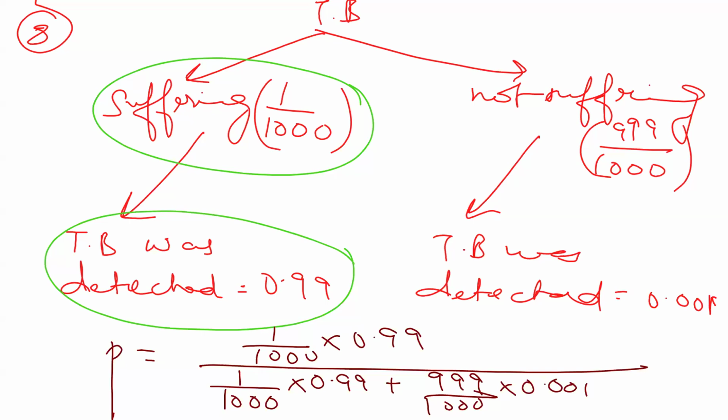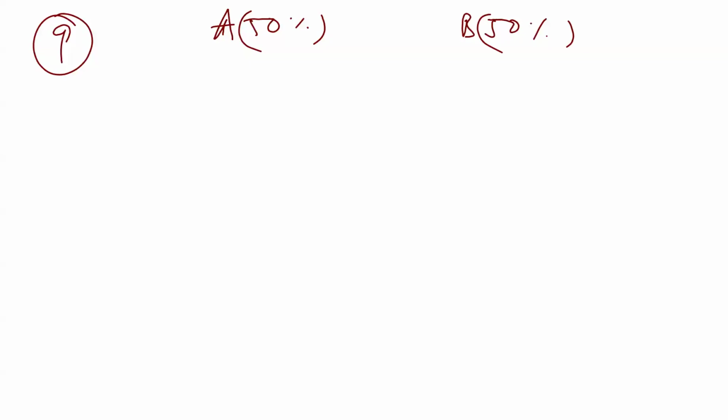So let's go to question number 9. You can solve this on your own. Shoes are produced by two machines A and B. 50% of the shoes are produced by A with an estimate of 10% being defective. On machine B, 20% of the shoes are defective. So we make some notes here. Machine A produces 50%, machine B produces 50%.